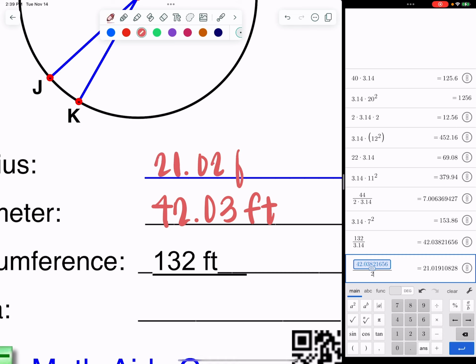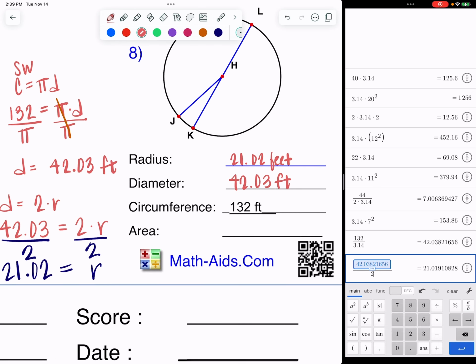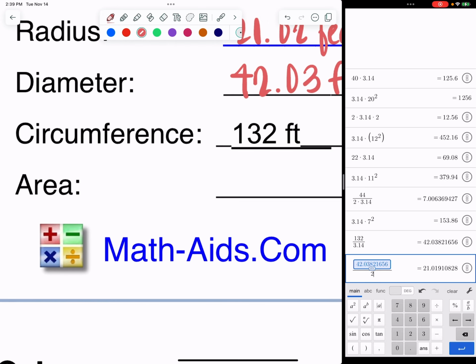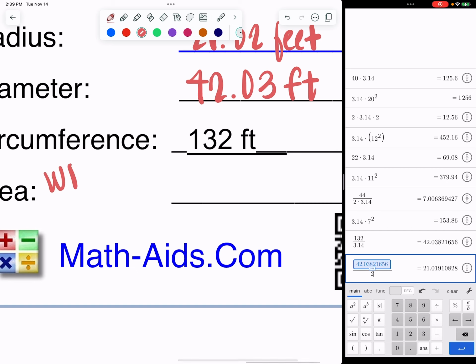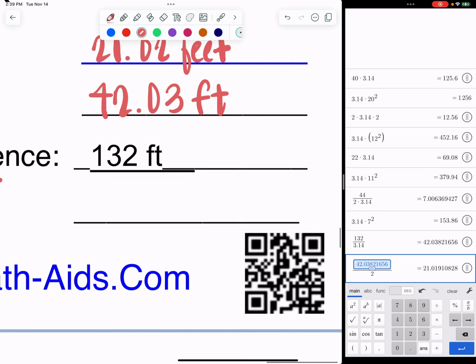The last thing we need to find is the area. So I am going to write the formula. It is an excellent starting place.